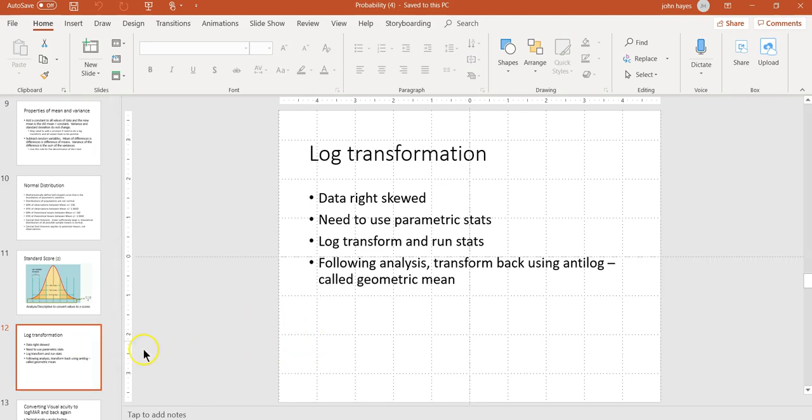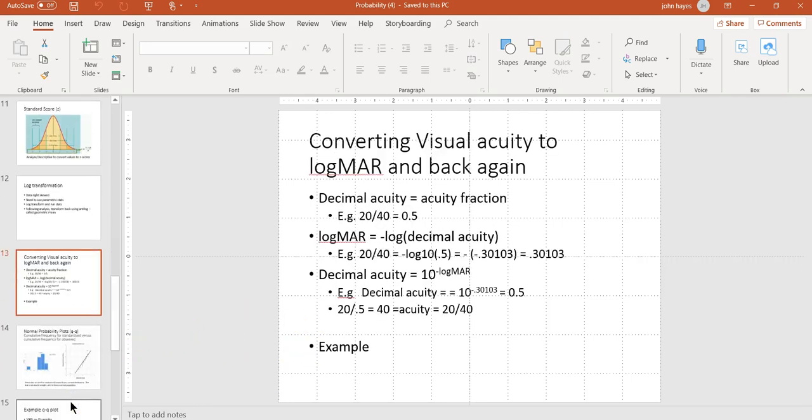And so you log transform them. A good example of this is converting from visual acuity to logMAR. We do this because there are a lot of mistakes in people taking the average visual acuity. So let's see an example.